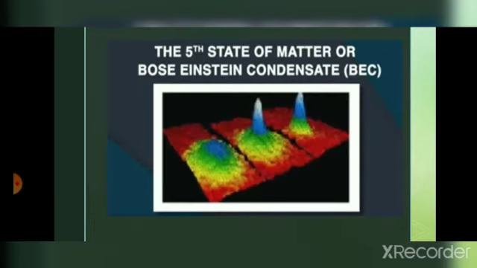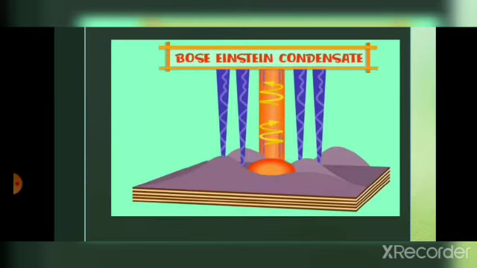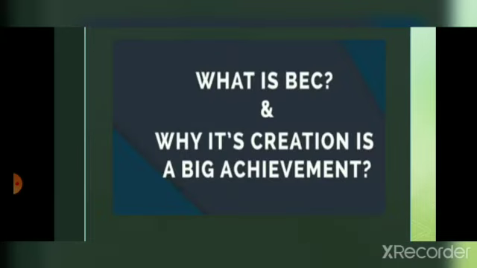Now comes the fifth state of matter, that is BEC, Bose-Einstein condensate. What is BEC and why is its creation a big achievement? In 1920, Indian physicist Satyendranath Bose predicted a fifth state of matter, and then, building on his calculations, Albert Einstein collaborated on his ideas and predicted a new state of matter which is called Bose-Einstein condensate.